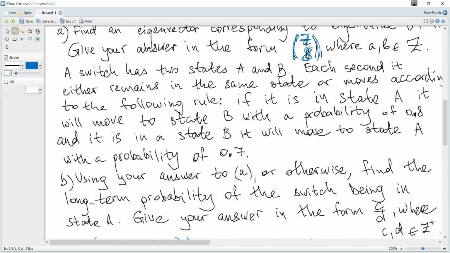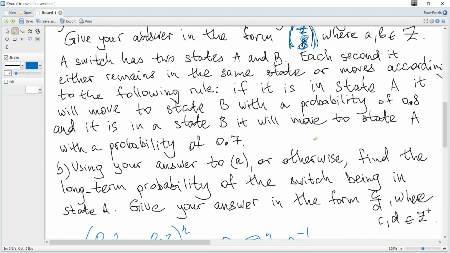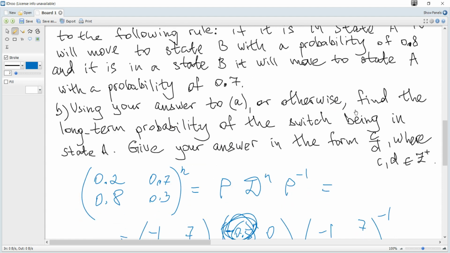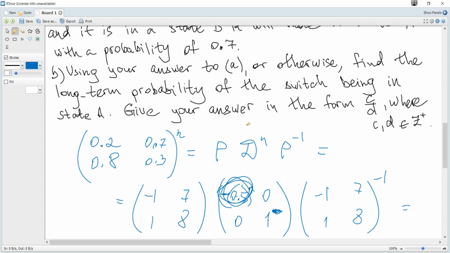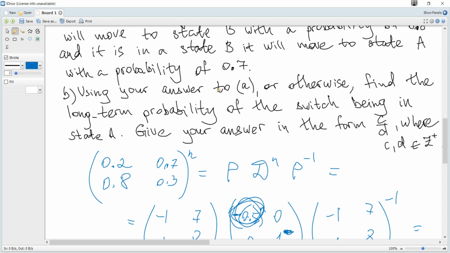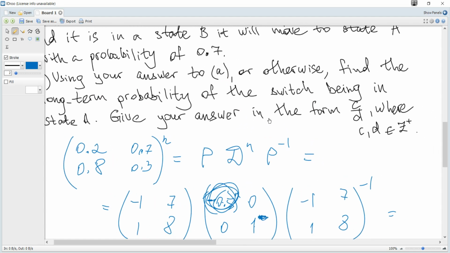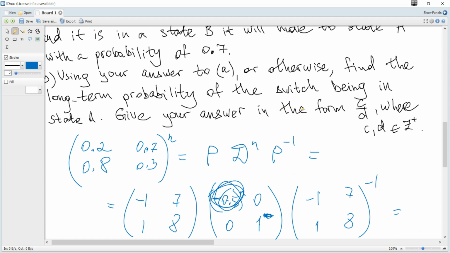And that's all for this question. So actually the answer is, let's write correctly the answer using the answer 2a, or otherwise find the long-term probability.